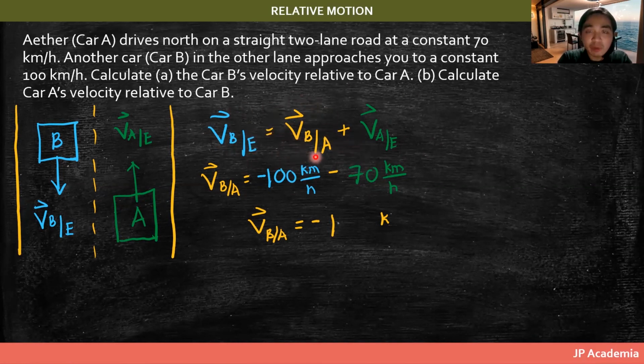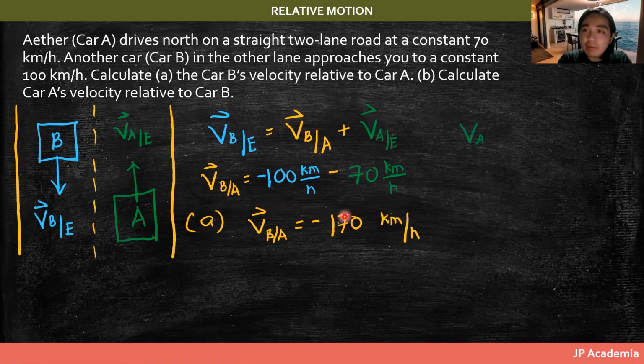Pero i-manipulate mo pa to kasi ang gusto natin malaman ay ito, the velocity of car B relative to A. So manipulate mo lang algebra. Then you will have this value for letter A, which is about negative 170 kilometers per hour. Okay, so that's for letter A.